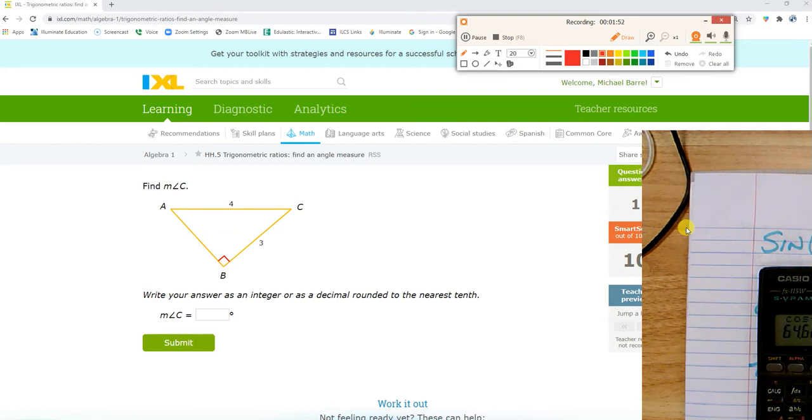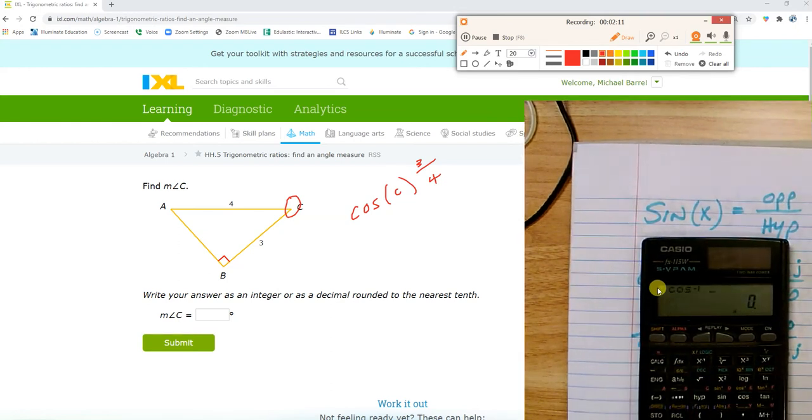Looks like I'm looking for angle C. So I have the hypotenuse and the adjacent, so I'll use cosine. Cosine of angle C is adjacent over hypotenuse. So I'll go inverse cosine of 3/4.